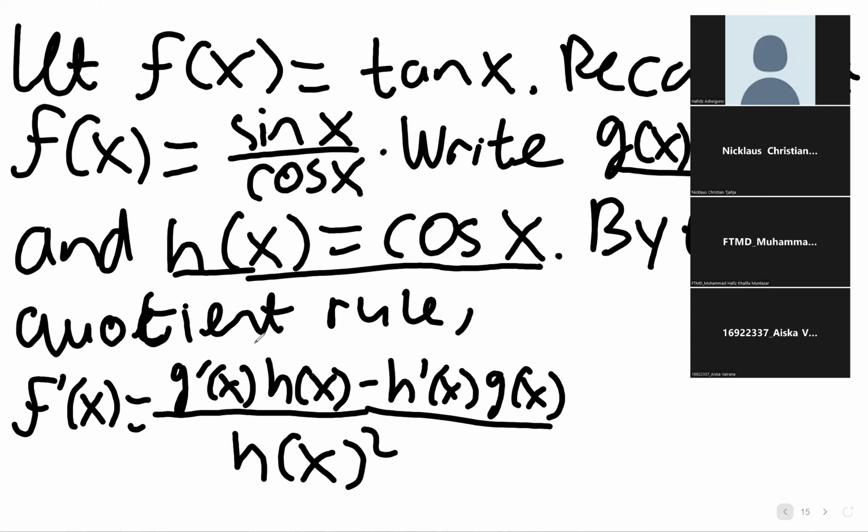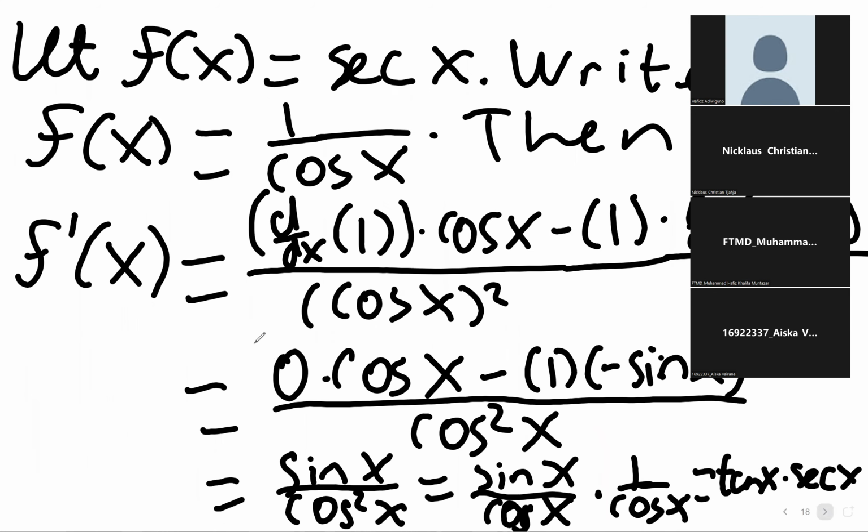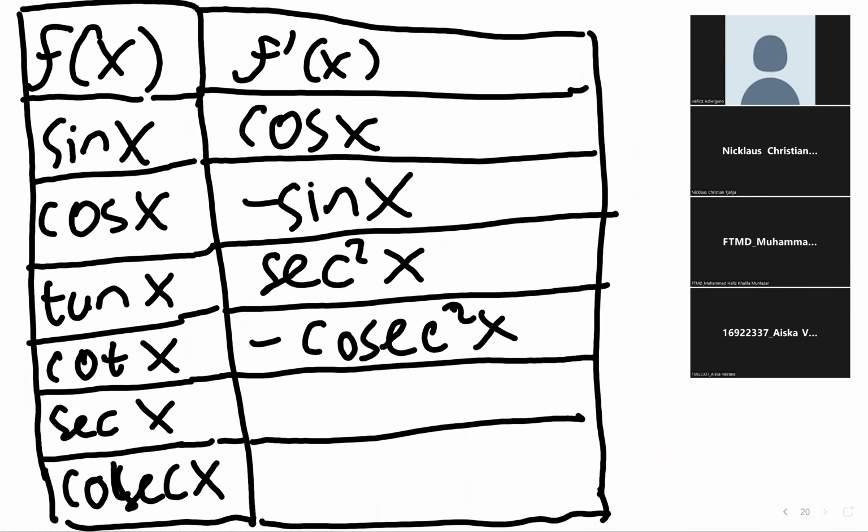What is the derivative of secant x? Can you see the whiteboard? It's tan x secant x, sir. Okay, it's tangent of x multiplied by secant of x. Good.